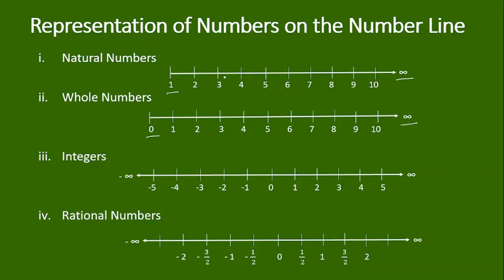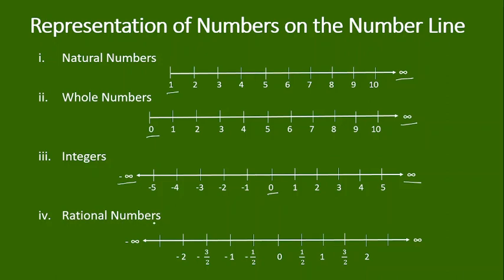So we can see that natural numbers are part of whole numbers. Now let's see integers. Integers are the numbers which vary from minus infinity to plus infinity, and integers also include 0 in them.